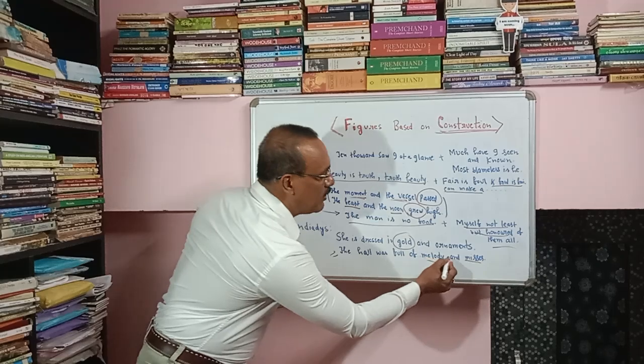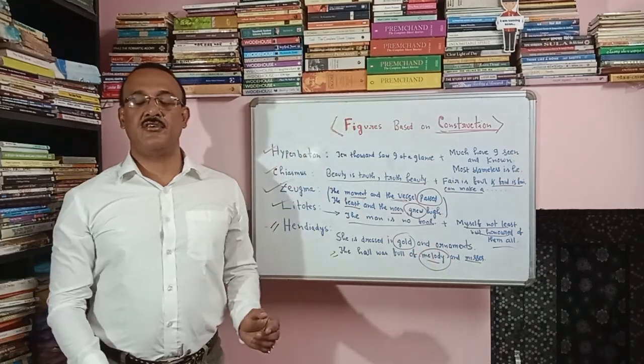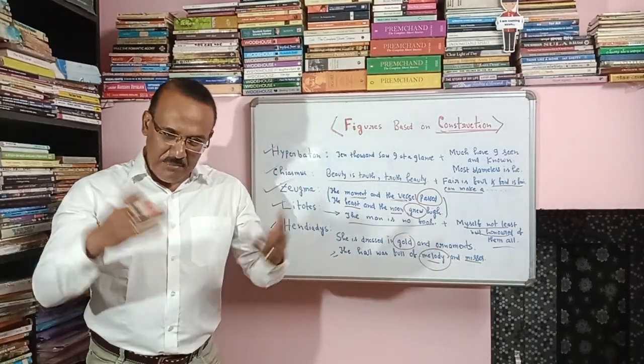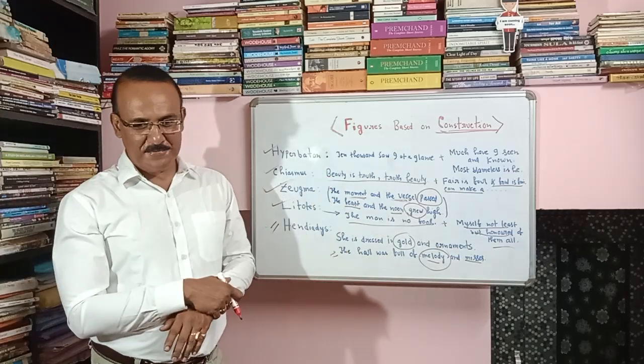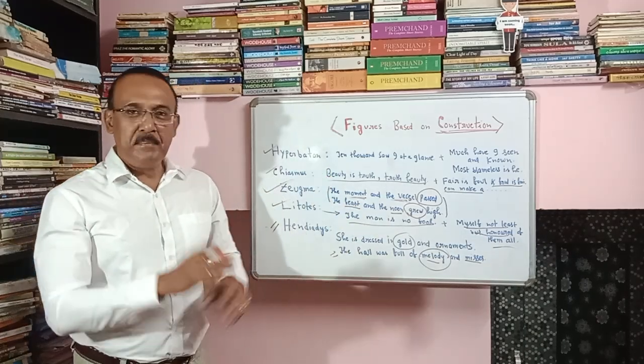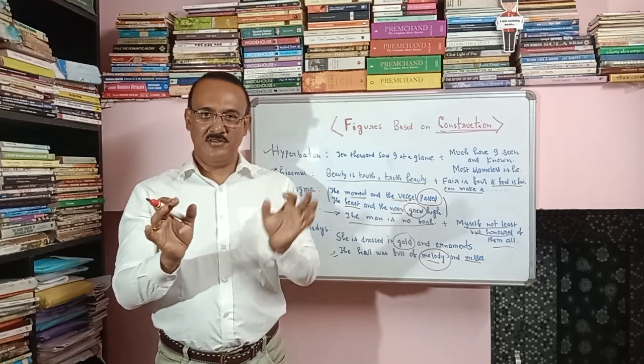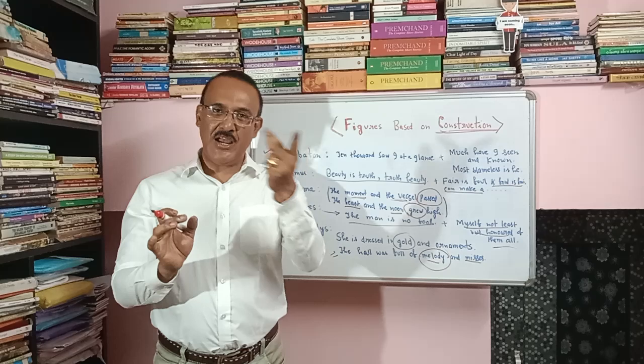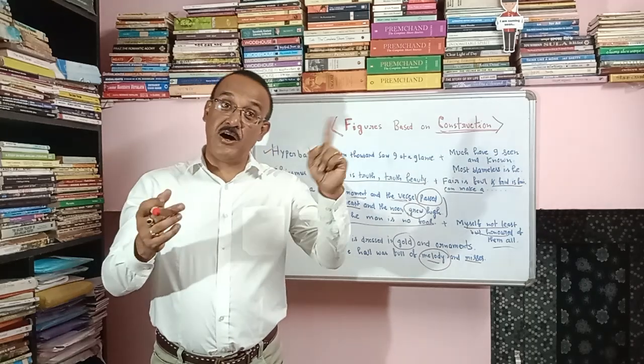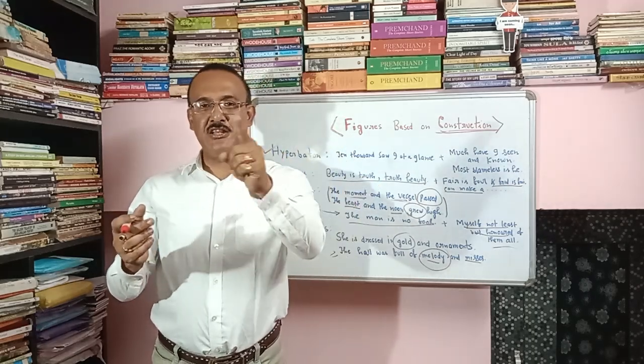So the noun melody becomes melodious: the hall was full of melodious mirth. "Perfume and flowers fell in showers." So the two nouns perfume and flower become perfumed flowers fell in showers.